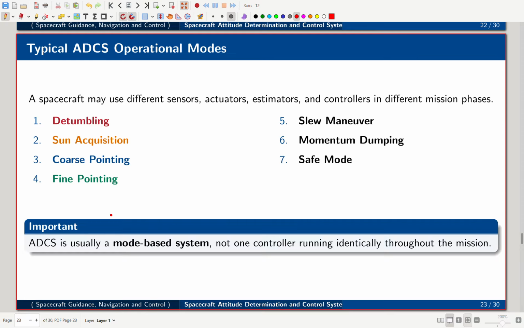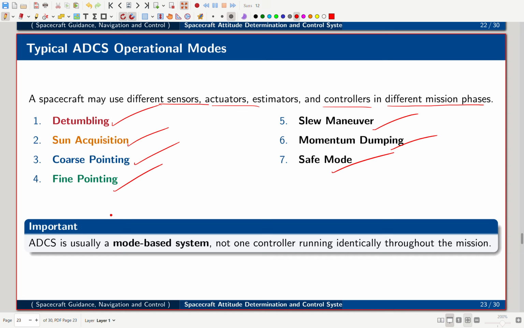So here, like typical ADCS operation modes, this is very important to understand the spacecraft modes. Spacecraft may use different sensors, actuators, estimators, controllers in different mission phases, like detumbling, sun acquisition, coarse pointing, fine pointing, slew maneuver, momentum dumping, safe mode.